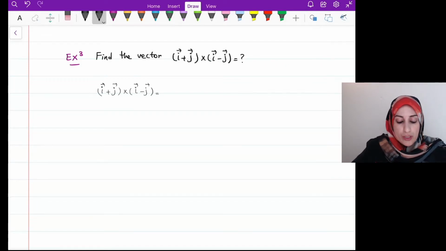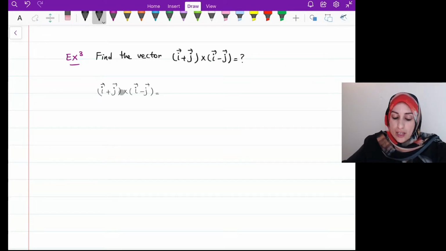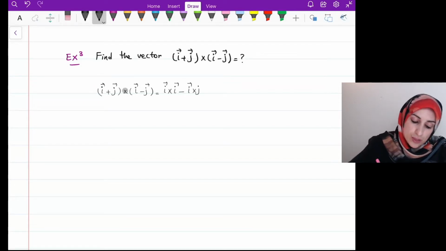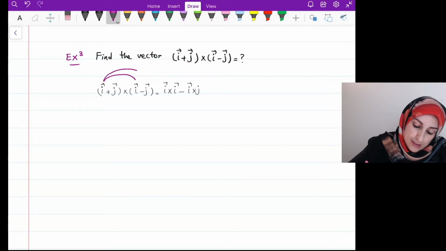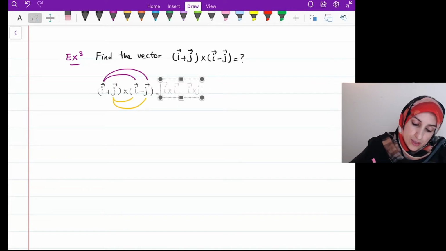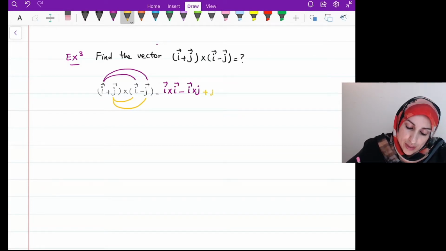I'm going to distribute the cross product, so I say i cross i minus i cross j, and then plus j cross i minus j cross j.